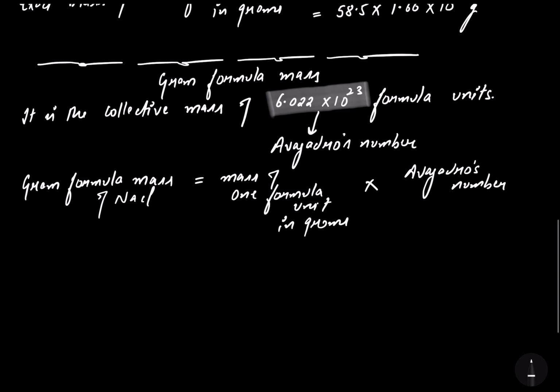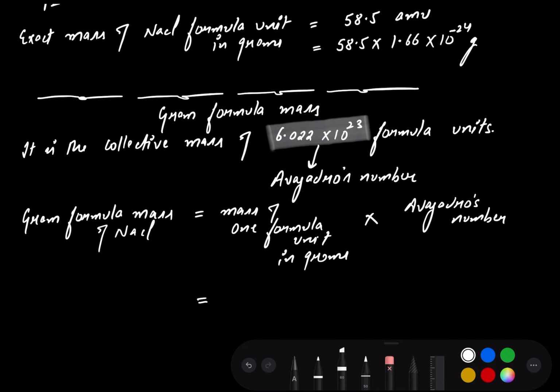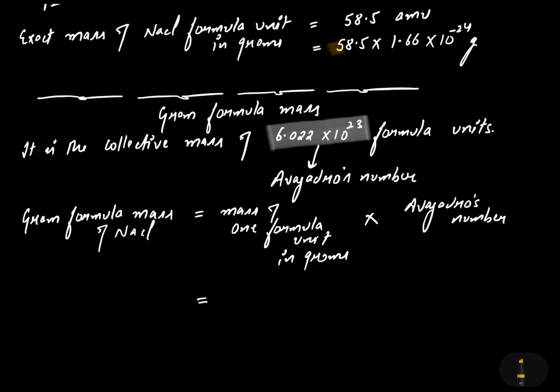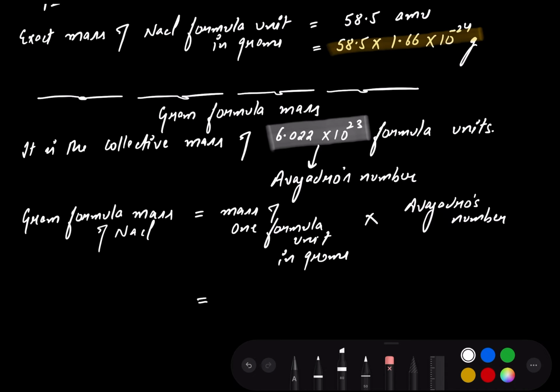What's the mass of one formula unit in grams? I have evaluated this value. It's the mass of one formula unit of NaCl in grams.